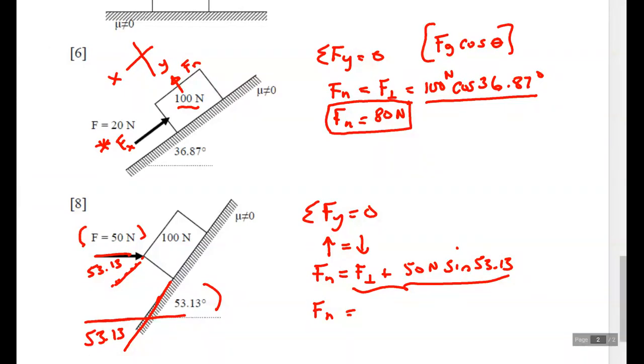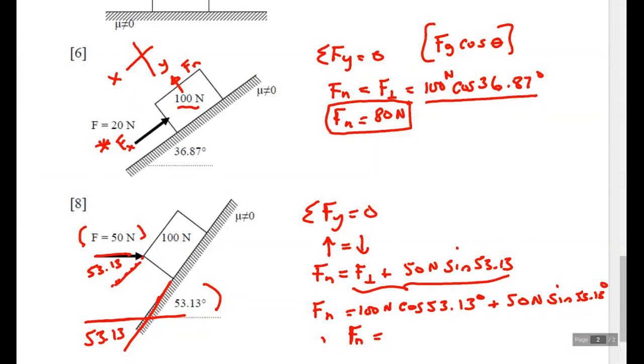The perpendicular component is 100 newtons cosine 53.13 degrees, plus the applied force's vertical component is also a down force, sine 53.13 degrees. When you add them all together, you get a normal force that is the combination of the perpendicular component.